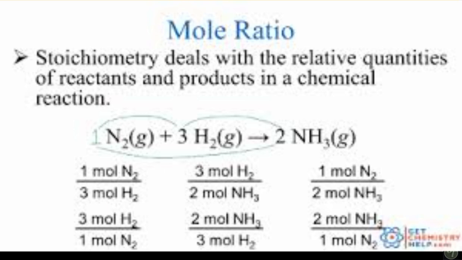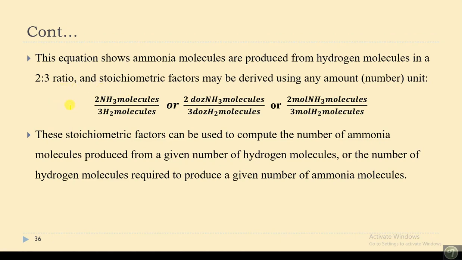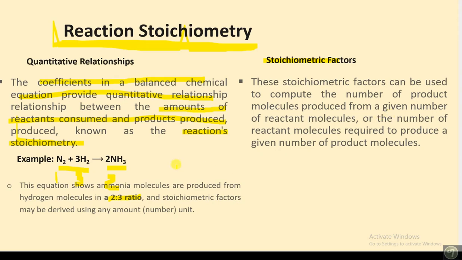So the coefficient has such type of meaning. 1 molecule of nitrogen reacts with 3 molecules of hydrogen to give 2 molecules of ammonia. Or 1 mole of nitrogen is reacted with 3 mole of hydrogen to give 2 mole of ammonia. Or 1 dose of nitrogen is reacted with 3 doses of hydrogen to give 2 doses of ammonia.